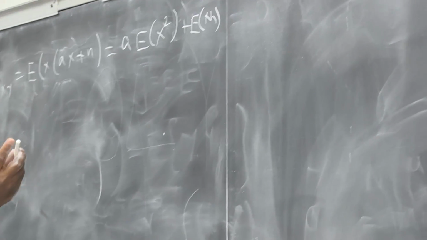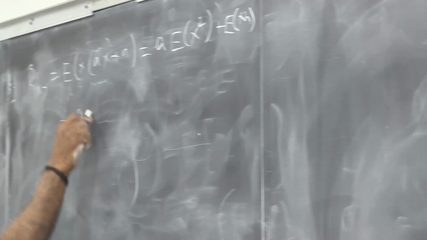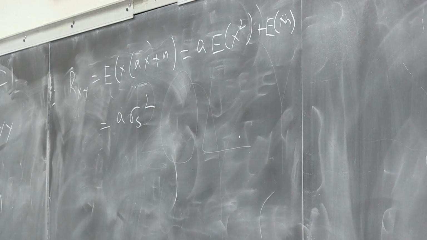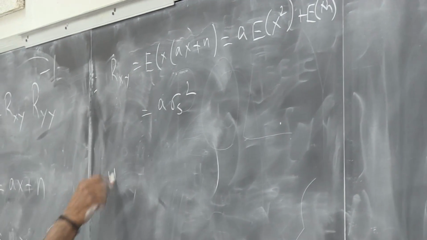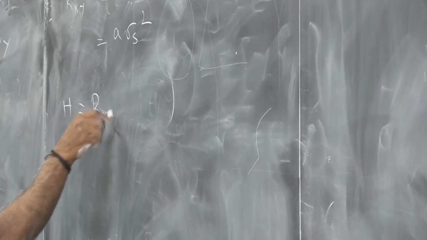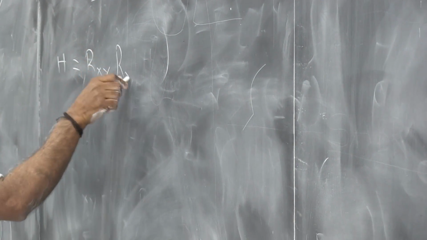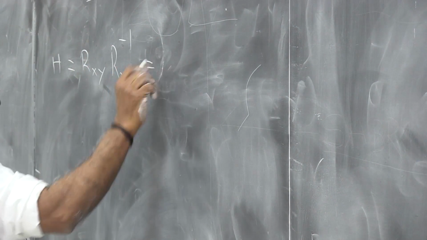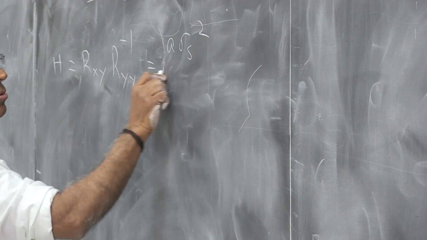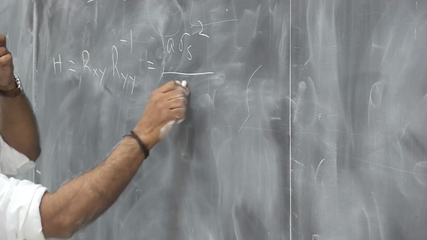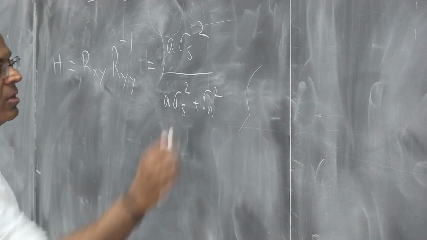So that's 0 for the noise term, right? So what is it? A sigma squared. So look at here. Let's apply for h. So h is Rxy Ryy inverse. That means a sigma s squared over a squared sigma s squared plus sigma n squared, right?